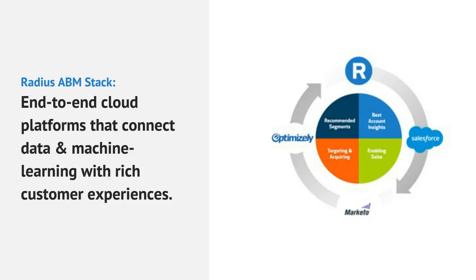We use Radius for our account selection, defining those tiered accounts within our Salesforce instance, using Marketo to make sure we are attracting, engaging, and routing our target account leads to our team, and then using things like Optimizely and Demandbase to help personalize and target those key accounts as well.